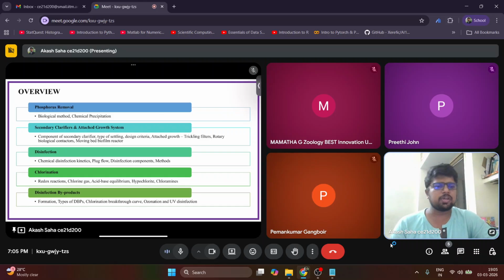After that we learned about the disinfection byproducts formed during various kinds of chlorination processes. And we learned about the chlorination breakthrough curve, which is very important for these concepts, and we will also solve some problems on it. At last we learned about ozonation and UV disinfection. So this was the brief overview of the lecture contents.